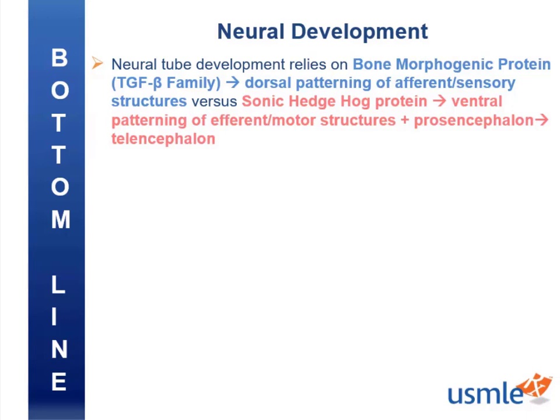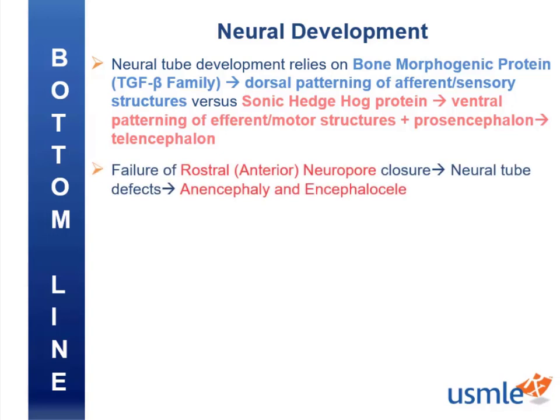Just remember that Sonic the Hedgehog is a video game character known for running, hence motor patterning of the neural tube. Additionally, know that the Sonic the Hedgehog protein is important for signaling the prosencephalon to become the telencephalon, in that Sonic the Hedgehog protein signaling abnormalities are associated with holoprosencephaly.